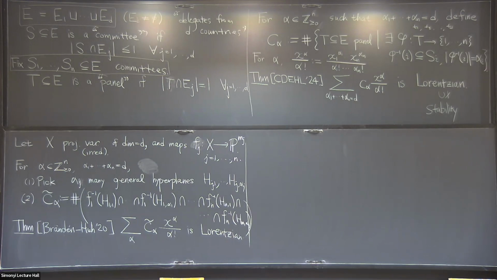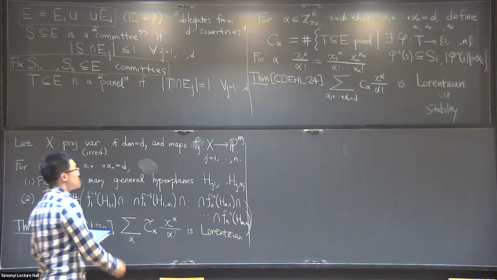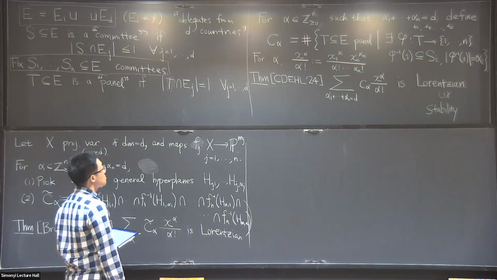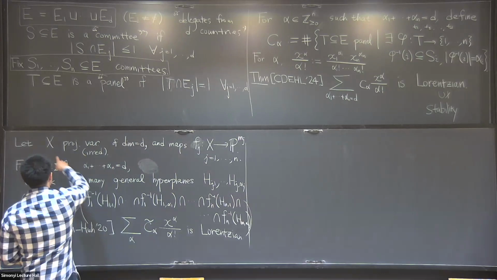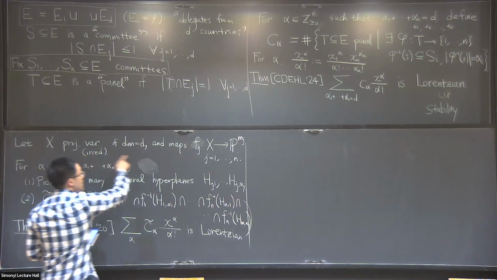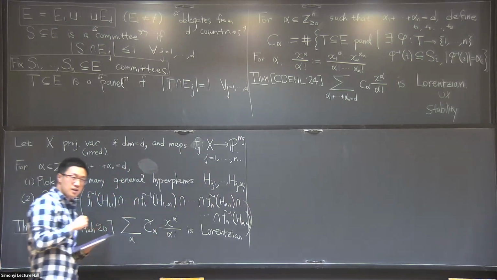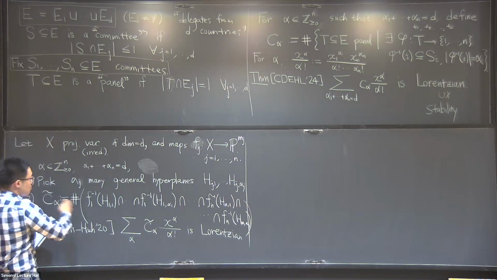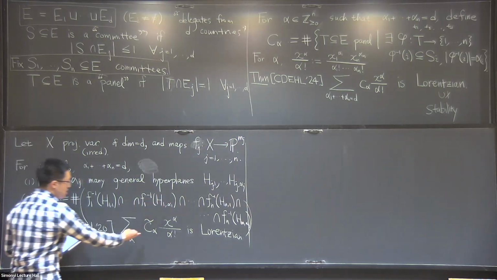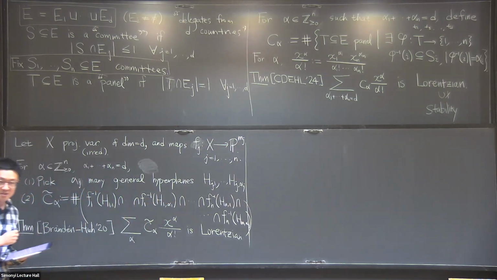So at this point, at least the way it's presented, what do we need to do? Well, one way to prove that theorem would be to find the right X and the right maps. Then I win. Modulo the fact that once I find the right maps and X, I need to prove that this kind of intersection count is this kind of counting problem.